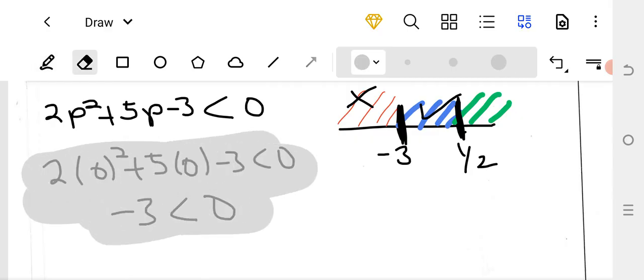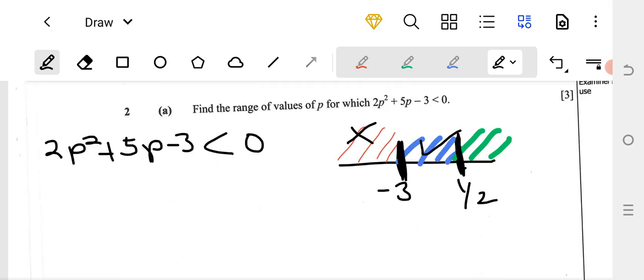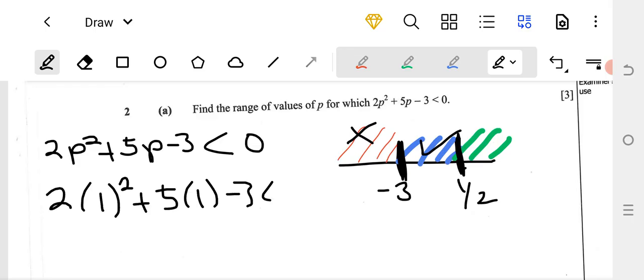Then we are going to the third region, which is this region here, the region greater than half. What you do is this. You are going to say which numbers are greater than half. It is +1. So we're going to say 2 multiplied by +1 squared plus 5 multiplied by +1 minus 3 is less than 0.